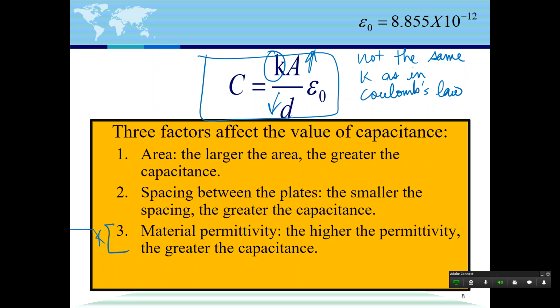So basically, this is a multiplier. It's got no units. It's kind of like index of refraction. You guys remember that? Or coefficient of friction. Okay, so it's got no units. It's just a multiplier. The higher the K, the higher the capacitance. And K is a measure of how good an insulator something is. So the better the insulator, the more charge the capacitor can hold per volt.